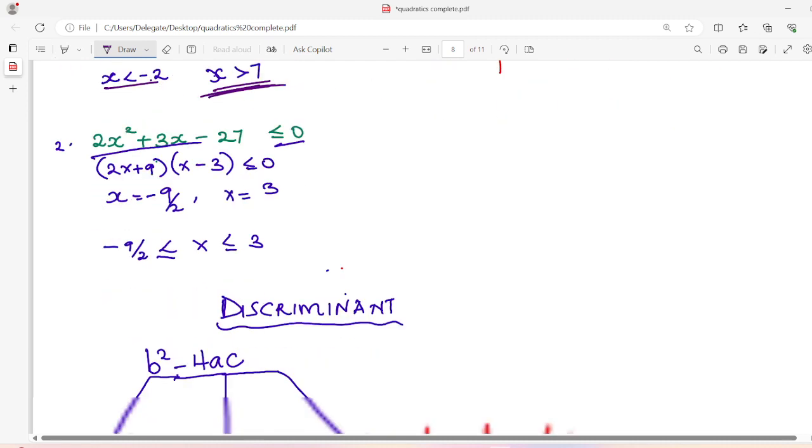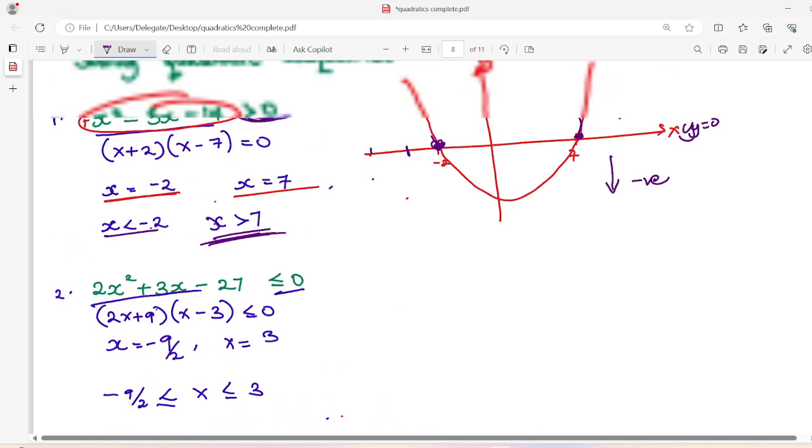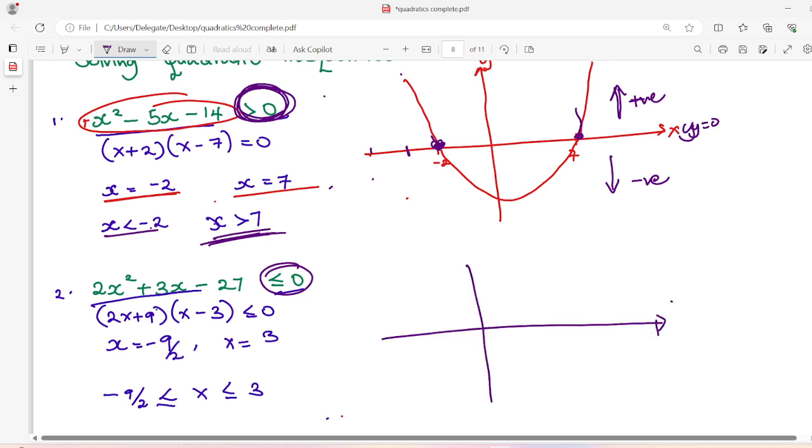So here on our second example, still we are interested in knowing the region where our graph is negative, because we have less than 0. So you do the same thing, by solving, because you'll get the critical points, and those critical points are the points where our graph crosses the x-axis.